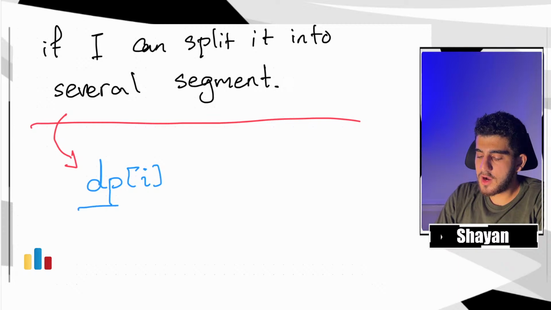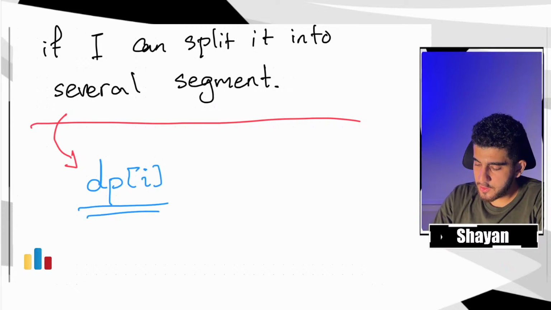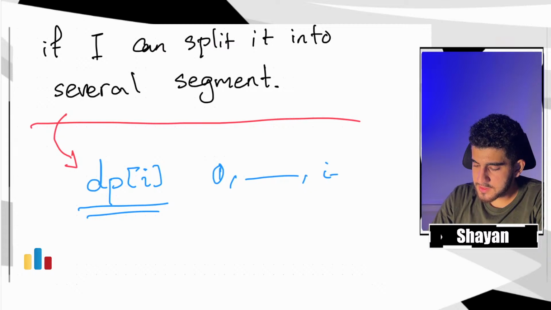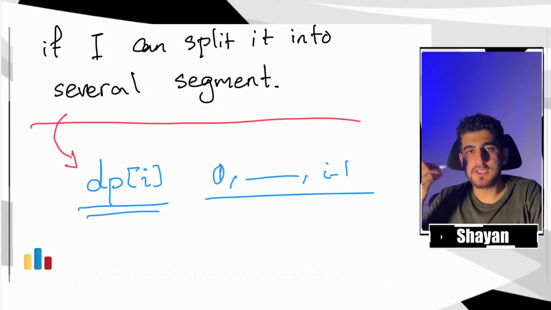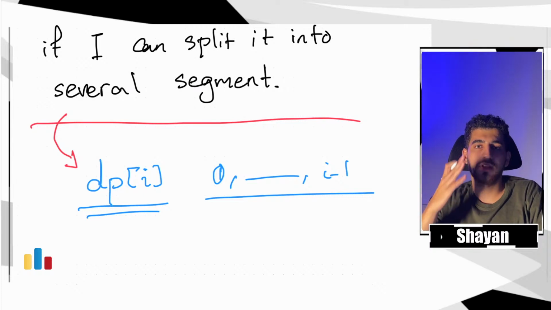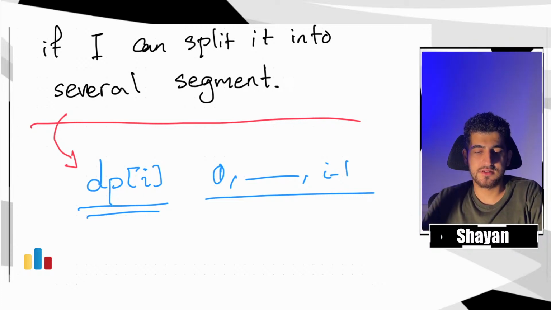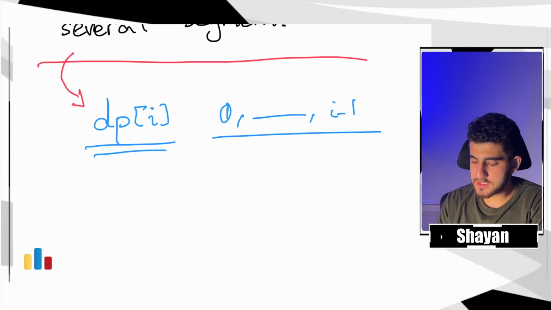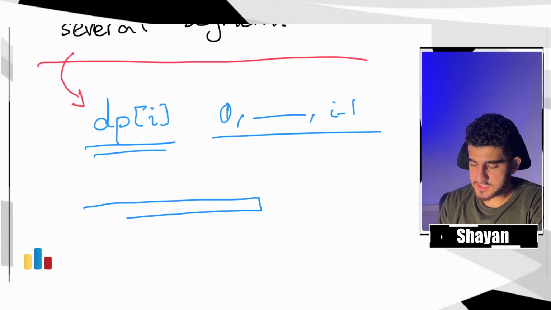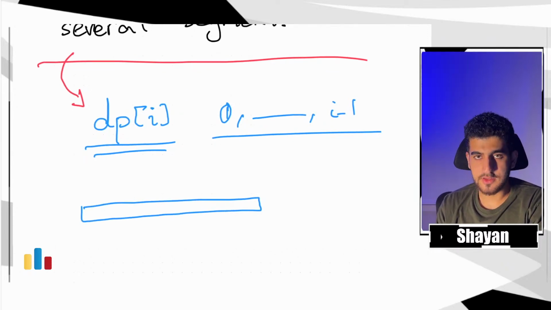So DP of I can mean that if I only consider elements from 0 to I minus 1, for example, the first I elements, if it is possible to split these into some segments with their sizes.